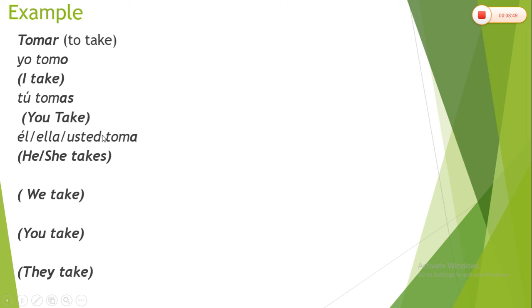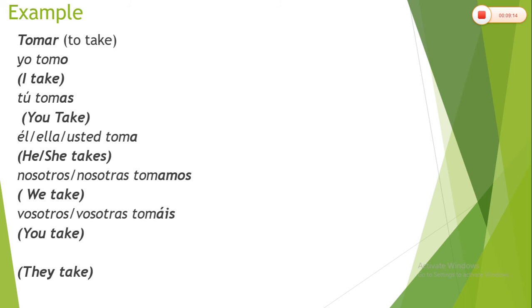Usted toma. Then we have we take. Take your time and tell me. Yes. Nosotros tomamos. You take. Vosotros tomáis. They take. Ellos, ellas toman.